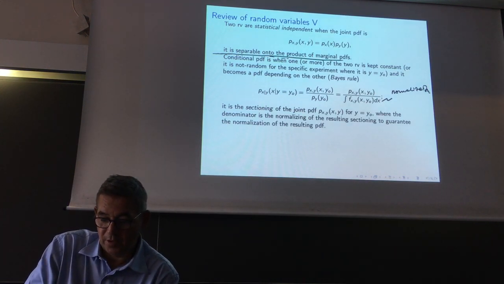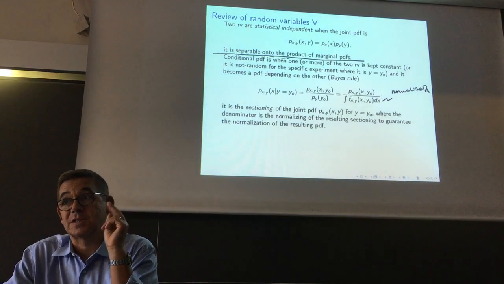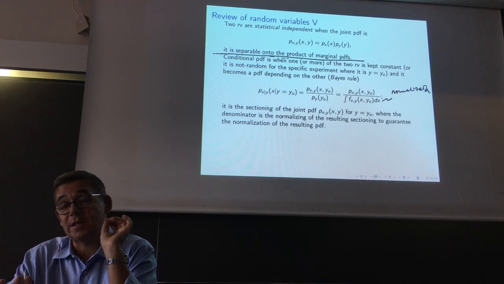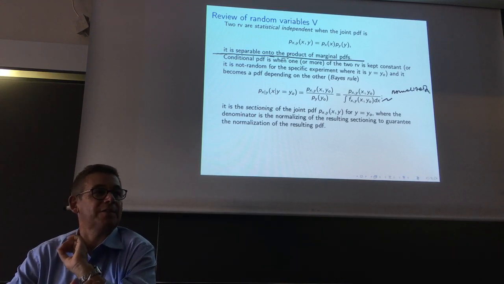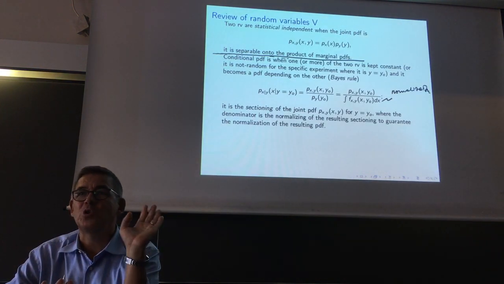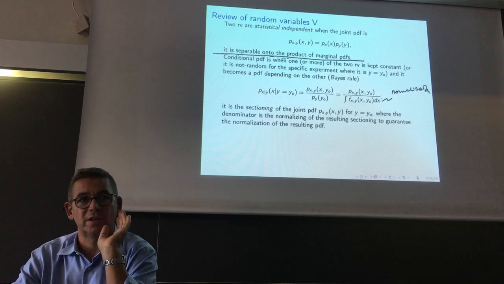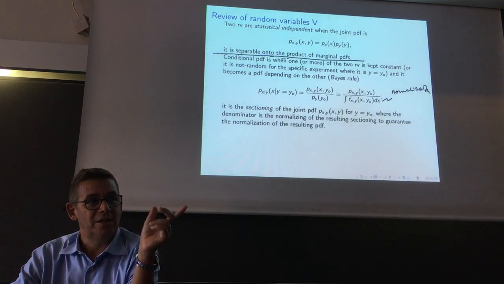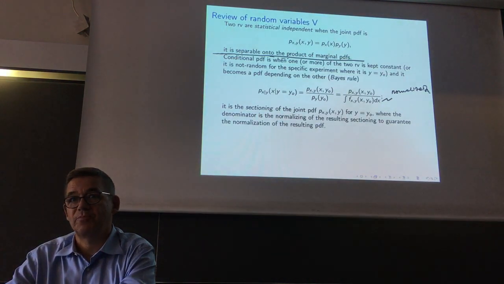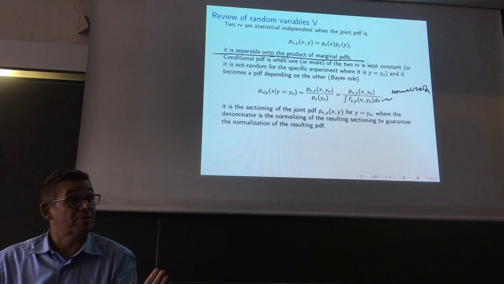Now, two random variables are considered statistically independent. Statistically independent means they have nothing to do with each other. They have no reason to be put together. Like, what is my position and what is the time on my watch? Nothing to do with each other, because if I'm here or there, the time is the same, right?